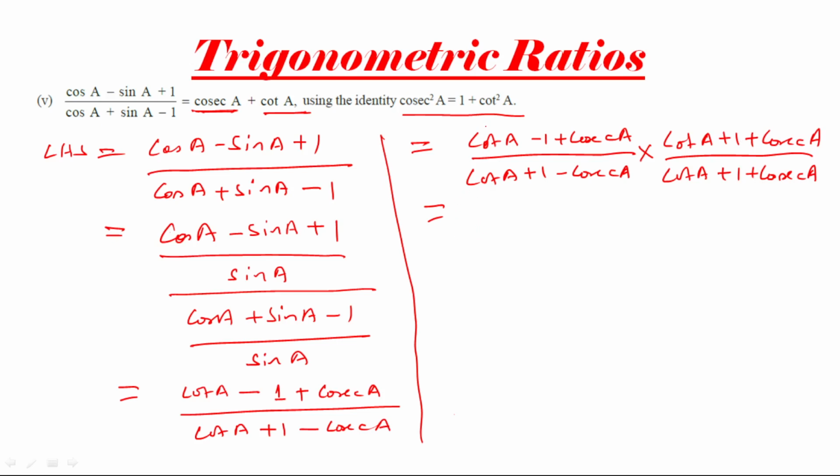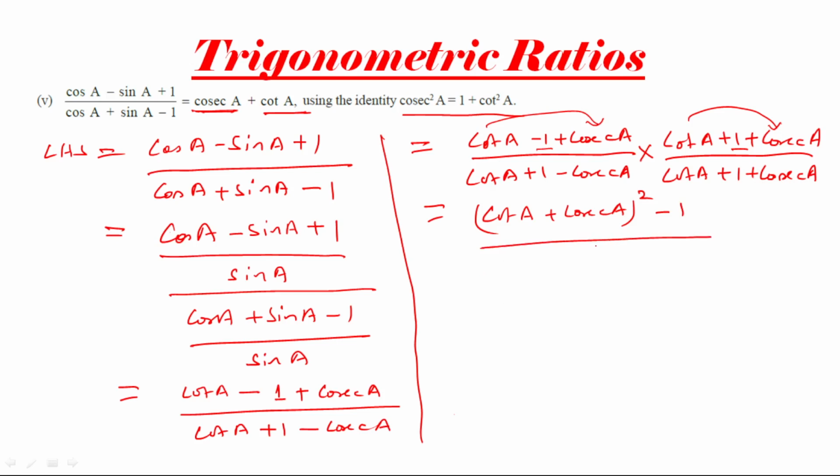Now, this cot A and this cosecant A, cot A plus cosecant A is also there. Okay, here minus 1 is there, here plus 1 is there. So it means it is following the rule of A minus B into A plus B. So it will become cot A plus cosecant A whole square minus 1, means A square minus B square.